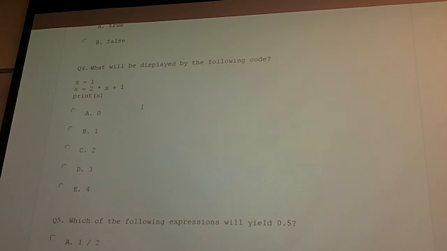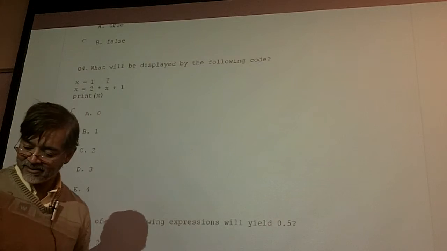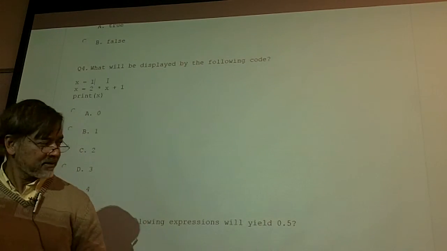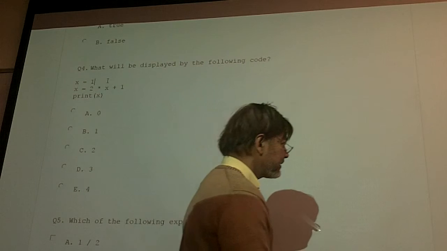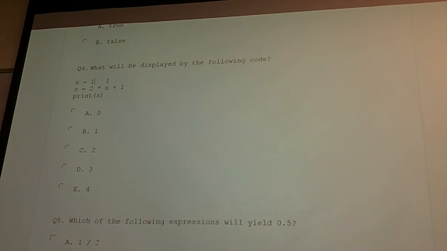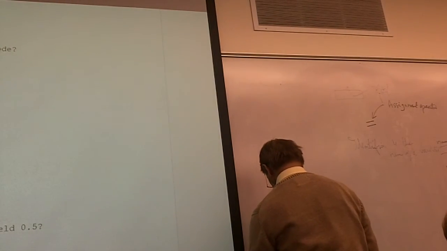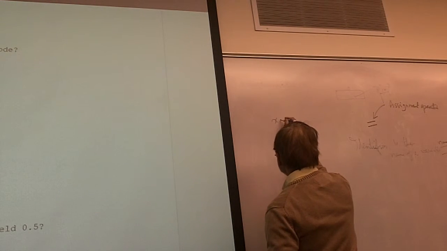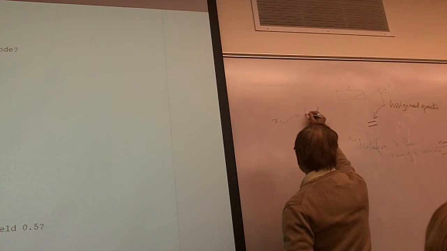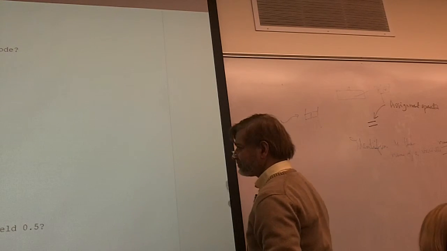With the execution of every line, things change, right? So now, after that, we have x sitting in 1, 1 sitting in x. So x now points to 1.